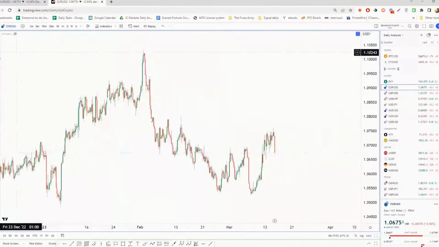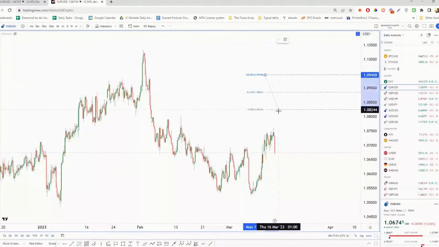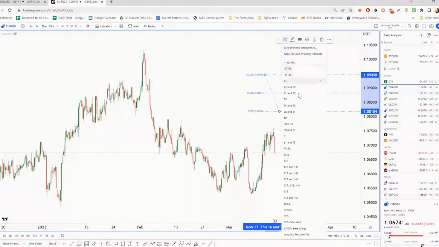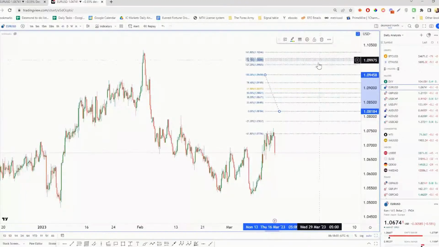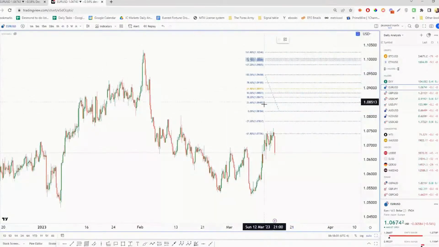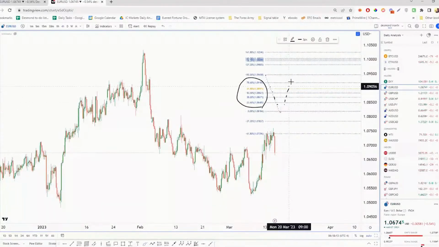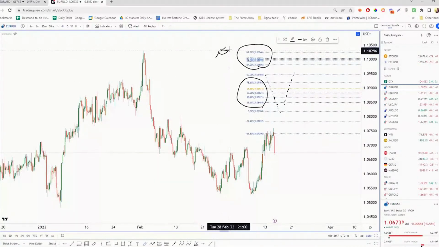So I usually have my Fibonacci retracements when I draw it. I have all the different Fibonacci levels over there. When I use all fibs, it actually shows me everything. So over here, the middle part is what I call Fibonacci retracement. And once it retraces beyond the 100%, this is what we call Fibonacci extension, EXT.